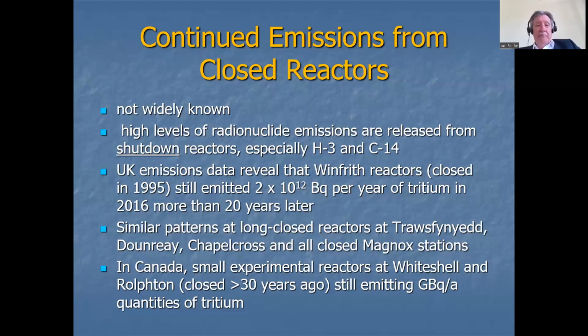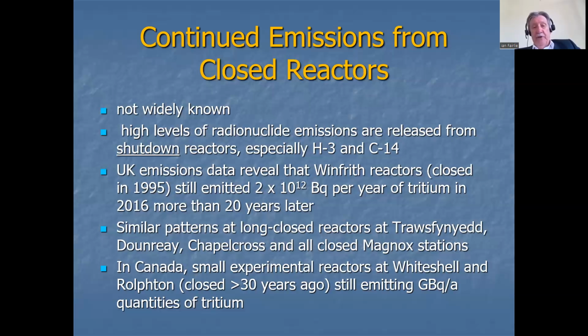By the way, it's not just the UK. Similar patterns are seen not just at Windscale, but at Trawsfynydd, Dounreay, Chapelcross, and all the closed Magnox, these old-fashioned reactors in the UK, which are now closed. And it's not just Britain, it's Canada too.